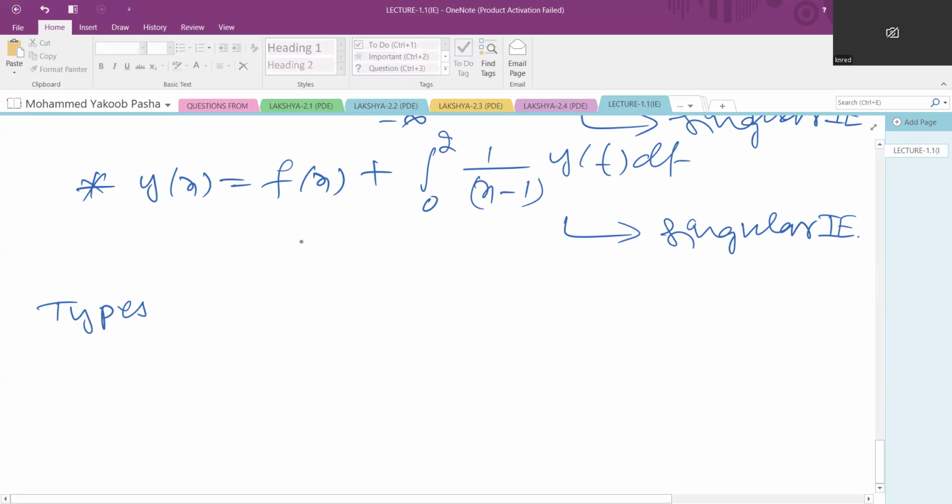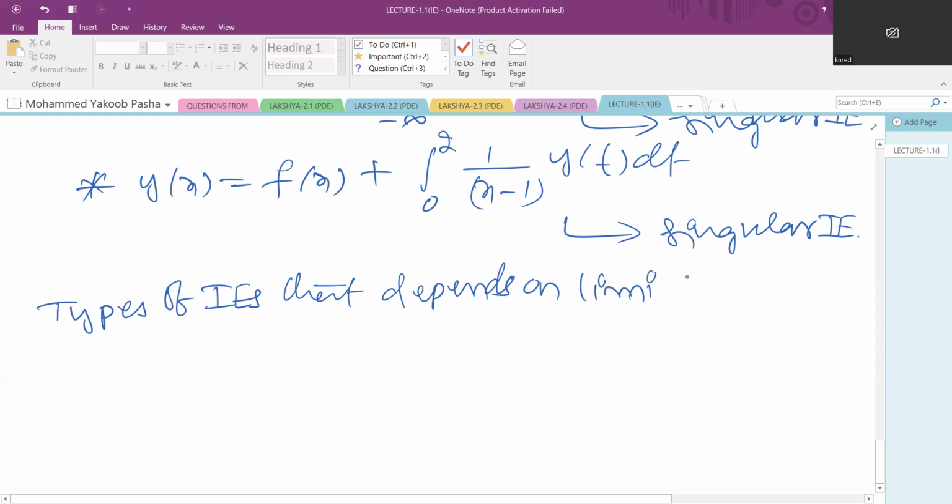Now, the types of integral equations depend on the limit of integration. This is important. We can classify them into two types: Volterra integral equation or Fredholm. First, I am discussing the Fredholm integral equation.